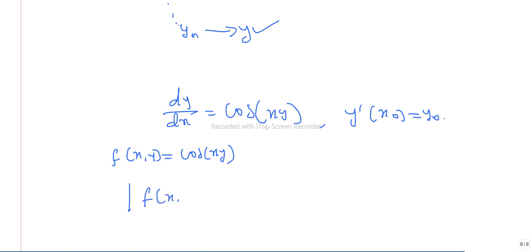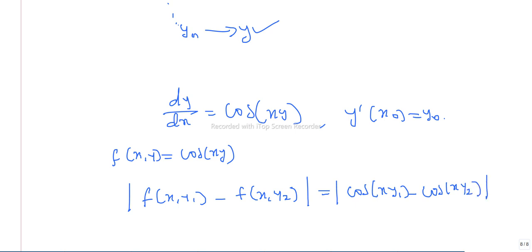We have to prove |f(x, y1) - f(x, y2)| is less than or equal to some constant times |y1 - y2|, and this equals |cos(xy1) - cos(xy2)|.